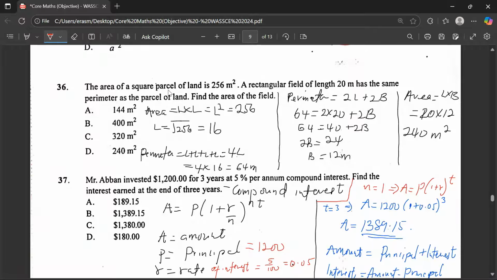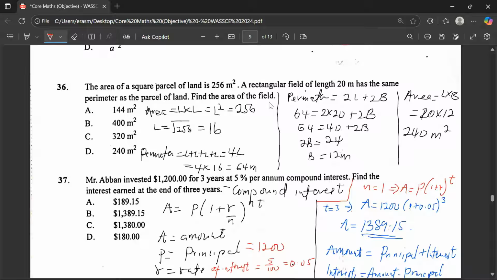The area of a square parcel of land is 256 meters squared. A rectangular field of length 20 meters has the same perimeter as the parcel of land. Find the area of the field. So what you are saying is that the area of a particular square land is 256 meters squared.